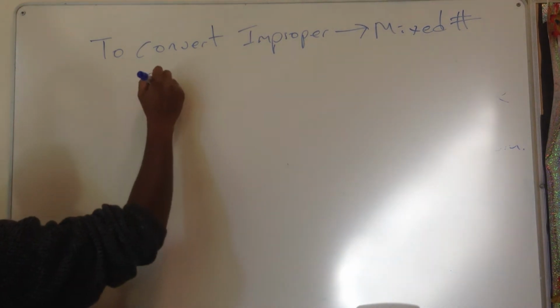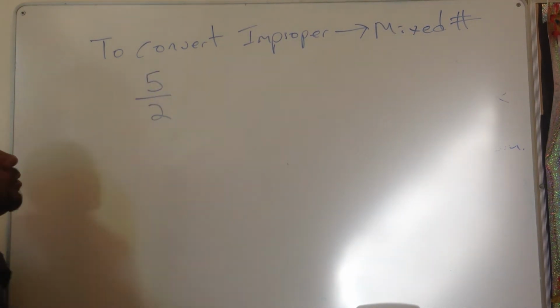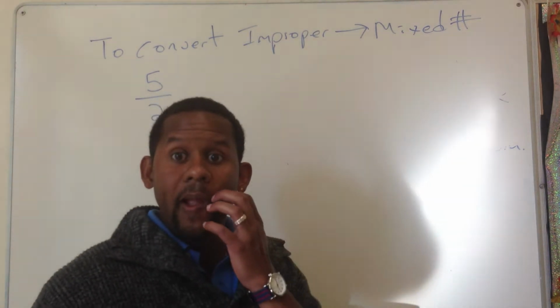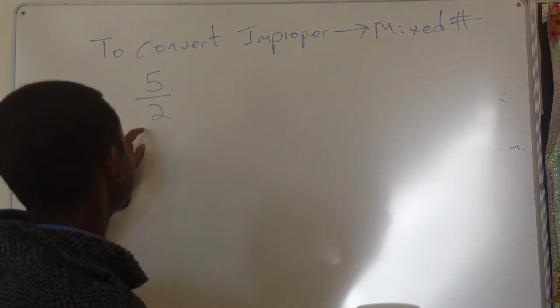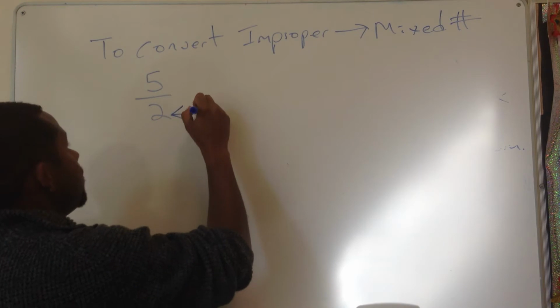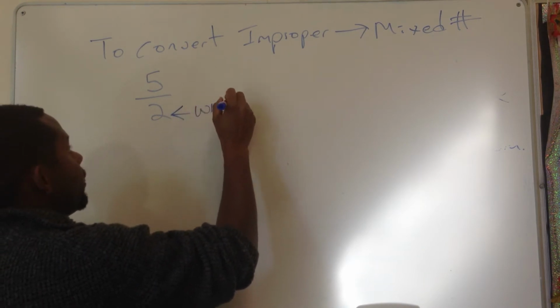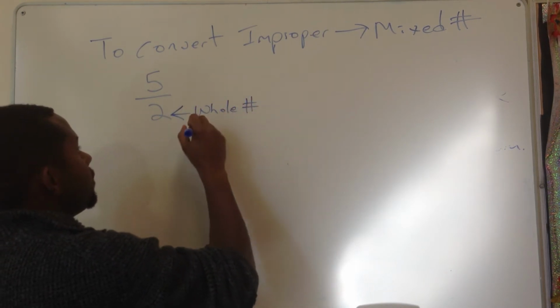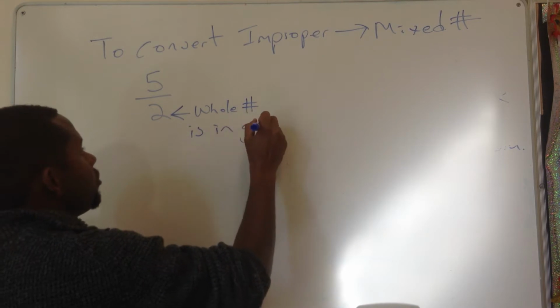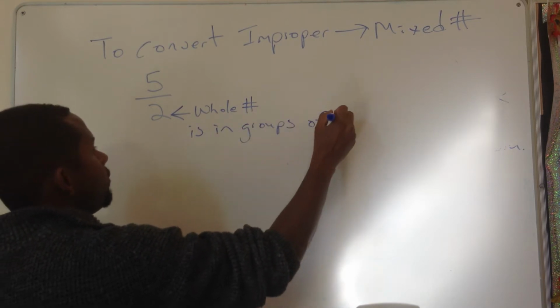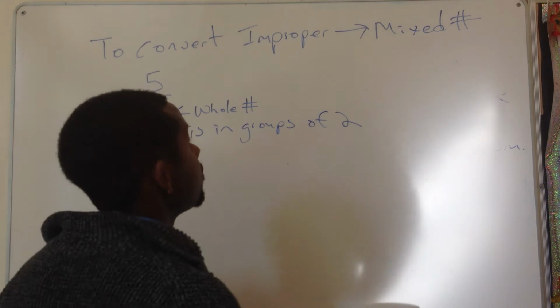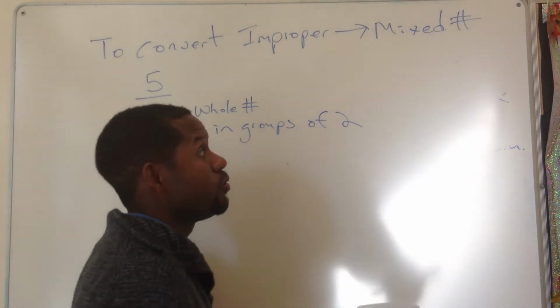Let's take this improper fraction, 5 over 2. My whole number is in groups of 2. So if I have 5, how many groups of 2 can I take out of that?